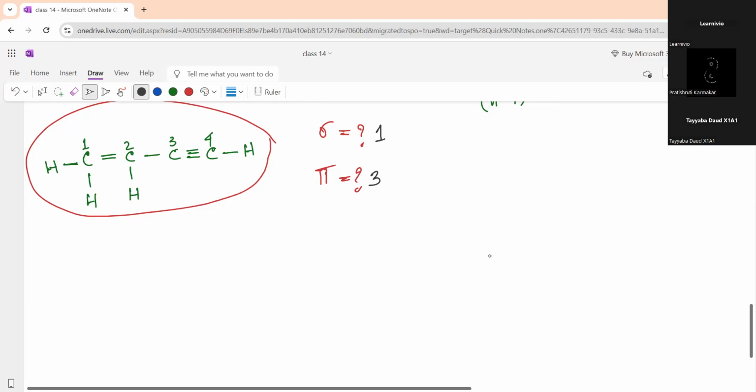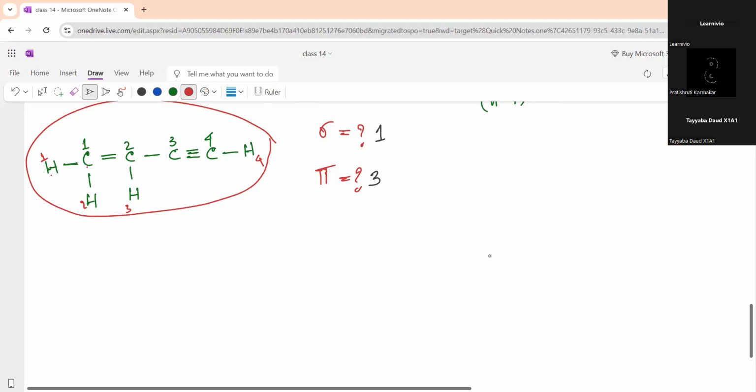See, how many bonds does this first carbon have with hydrogen? Let's name the hydrogens too: 1, 2, 3, 4. So how many bonds does this carbon have with hydrogen 1? I am asking about this carbon number 1 and this hydrogen number 1.